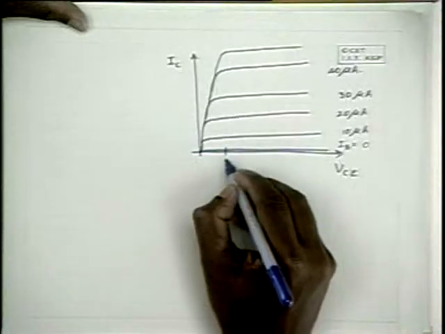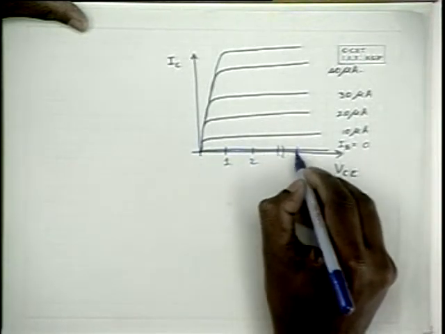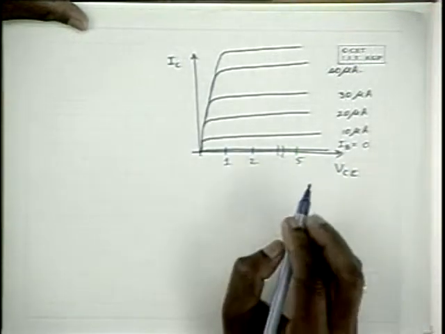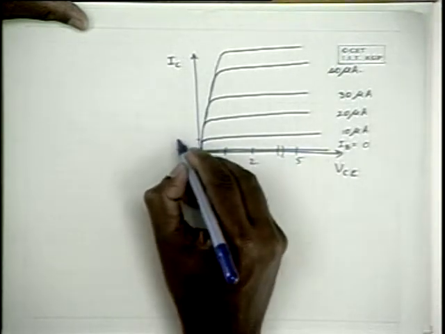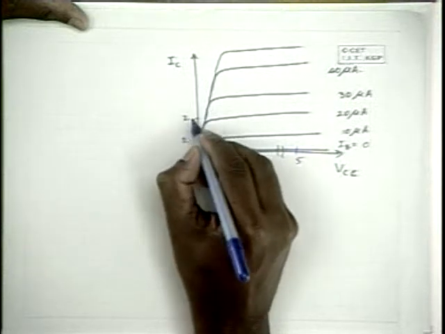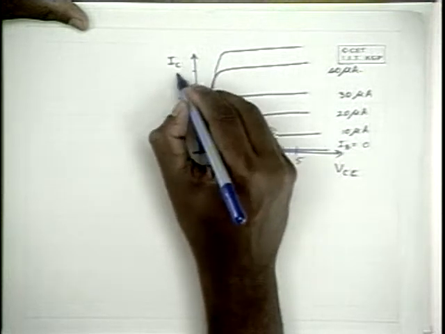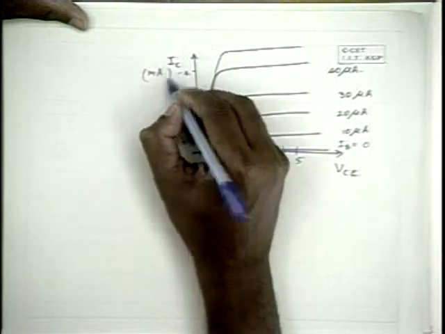We have seen that the output characteristics of a common emitter amplifier are like this, with the collector to emitter voltage given here and the collector current given here. The collector current is given in milliamperes.